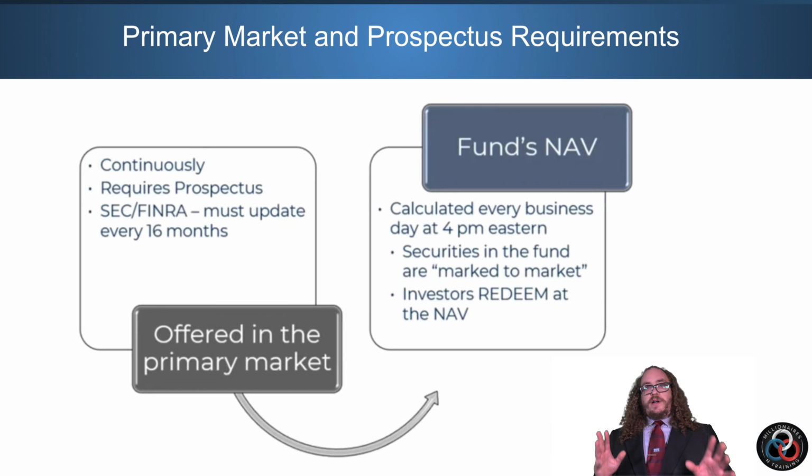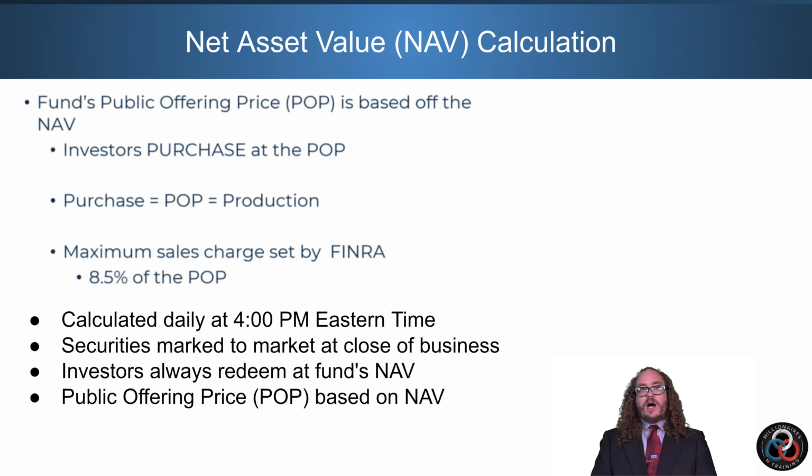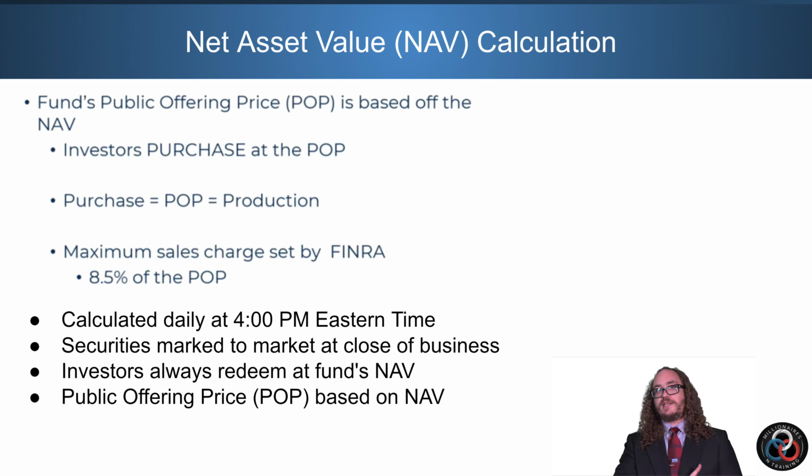Investors in a mutual fund will always redeem or sell or liquidate at the fund's net asset value using forward pricing. A mutual fund also has a public offering price, or POP. That is based off of the net asset value, or the NAV. So remember, investors purchase at the POP, the public offering price.